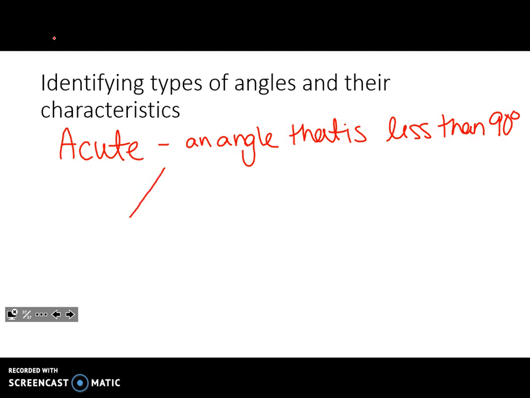So, for example, this angle would be an acute angle because it is smaller than a 90-degree angle. So an acute angle is any angle that has a degree measurement less than 90.